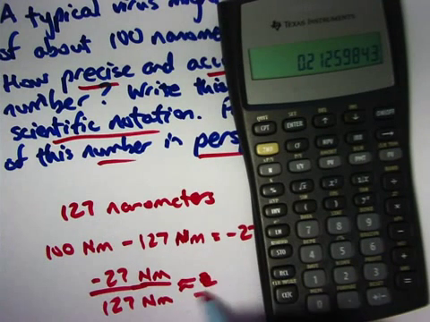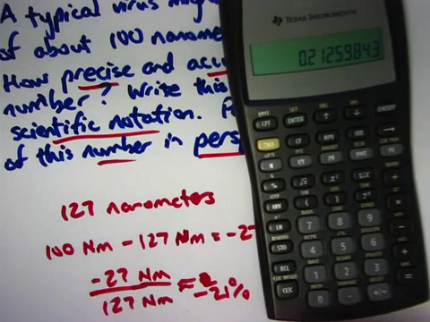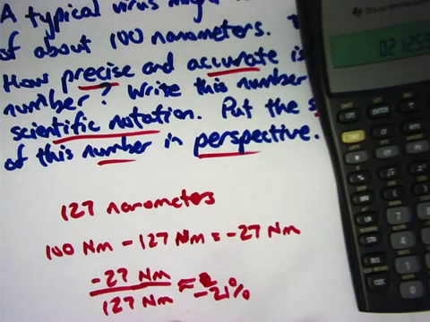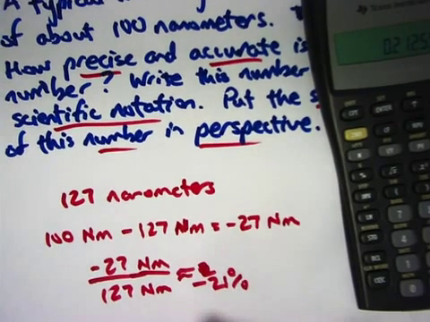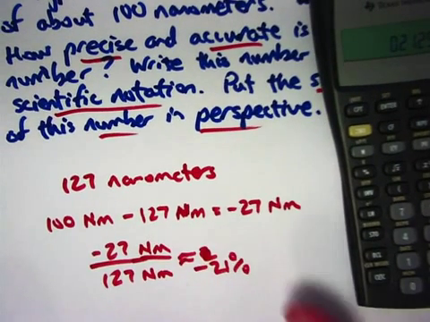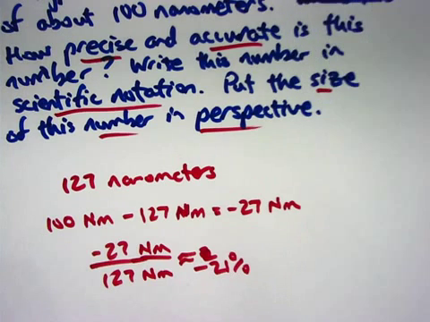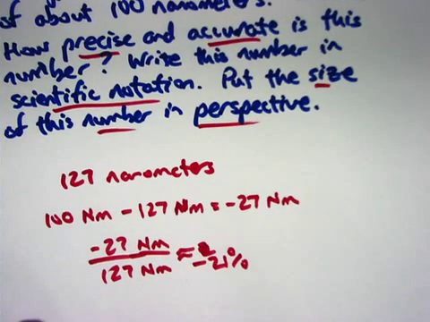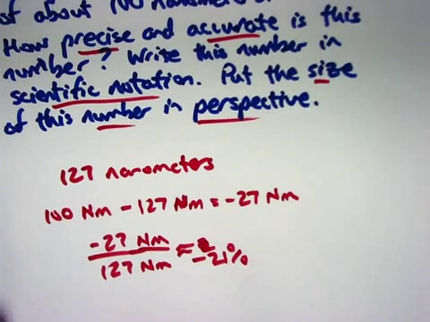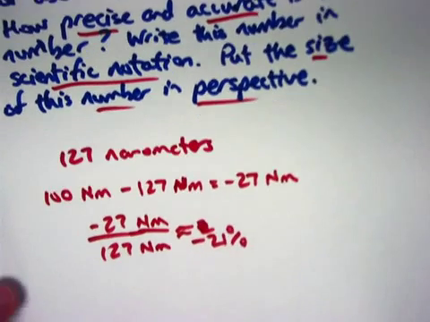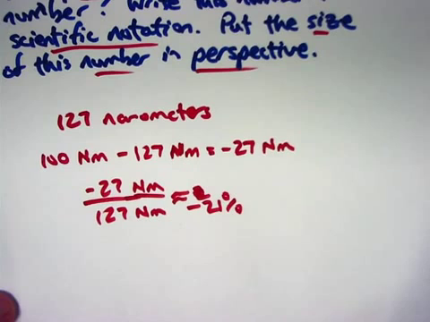Negative, and so I get a negative 21% here, indicating that my measured value is too small. Again, this is pretending I know the true value. In reality, nobody really knows the true value, so this is hypothetical, and it would depend on the particular virus you're looking at. But for the sake of argument, we just pretend the true value is 127 nanometers.